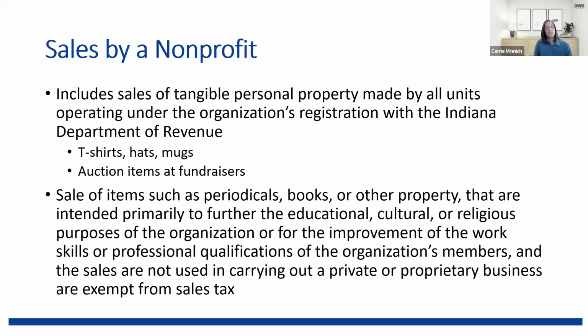I have had some conversations with the people at the Indiana Department of Revenue, but as the law reads now, tangible items that are sold at auctions at fundraisers would be included in tangible sales for nonprofits and would be included in that $100,000 calculation if you got to that level. Now, as it has always been, sales of items such as periodicals, books, and other property that are used primarily to further your educational mission and purpose are excluded from sales tax, and they always have been. So that's not anything new.